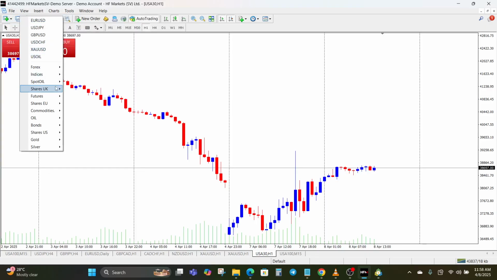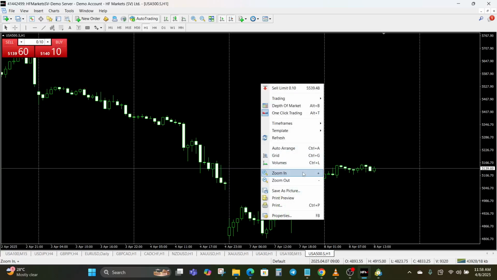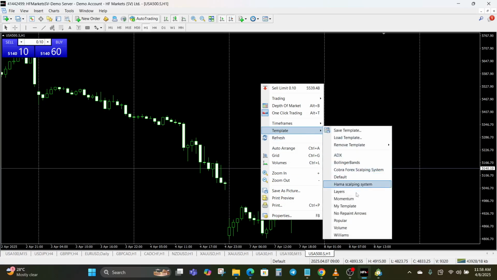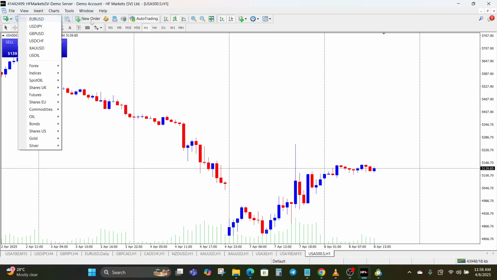Let's just add S&P 500 to the chart. Okay, USA 500 here. So these are some of the commonly traded indices. All right, another one is the German 30, the GER 30 or the DE 40.